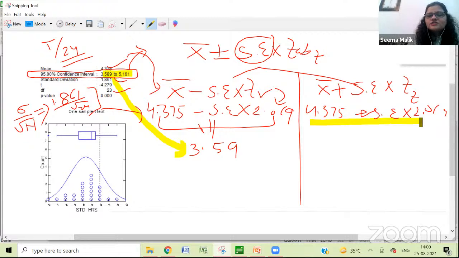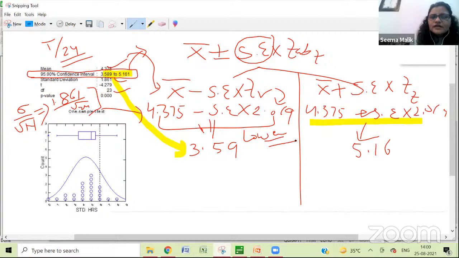With these calculations, I get a value of 3.59, and with the other calculation I get 5.16. So this is the lower limit and this is the upper limit.